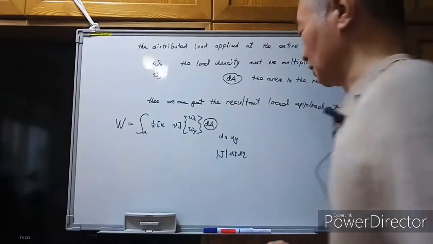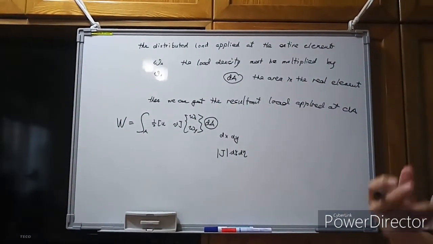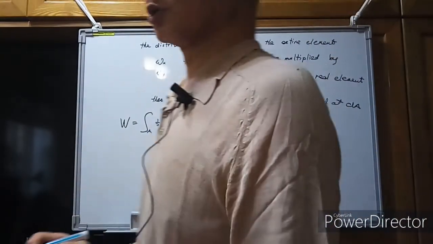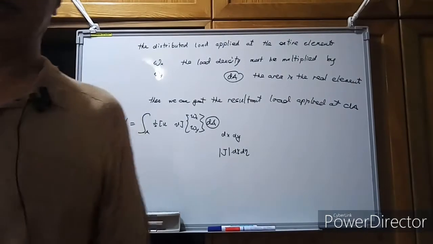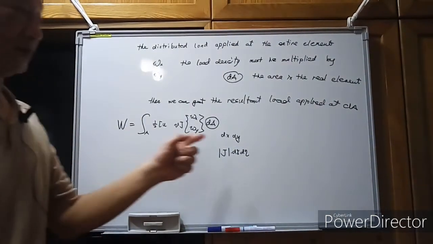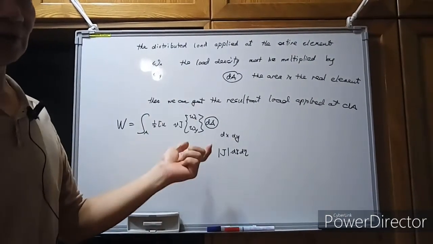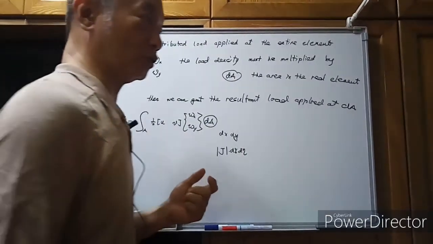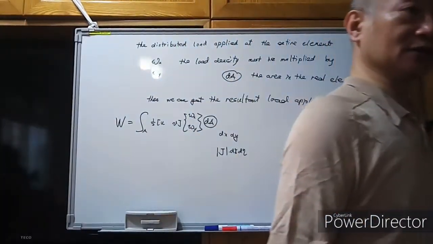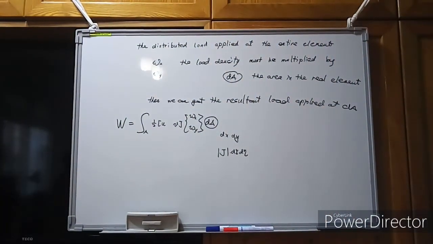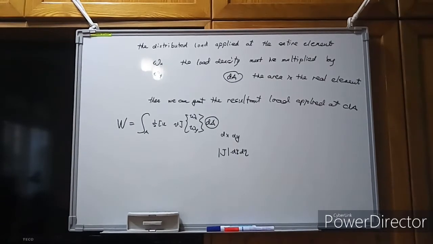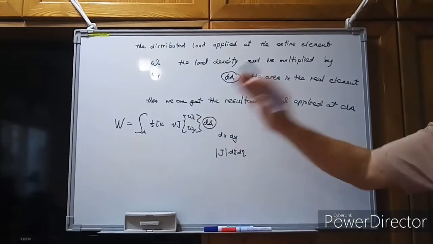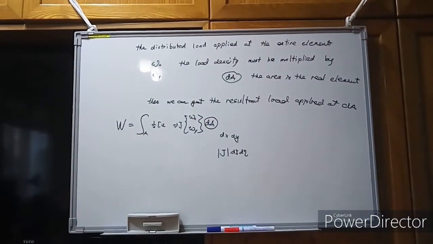Okay, so remember we can use the Jacobian, the determinant of the Jacobi matrix, and for all elements, we can calculate the Jacobi matrix and the corresponding Jacobian at any point inside the element. Okay, so that's the way we can calculate the work done by the applied loadings.